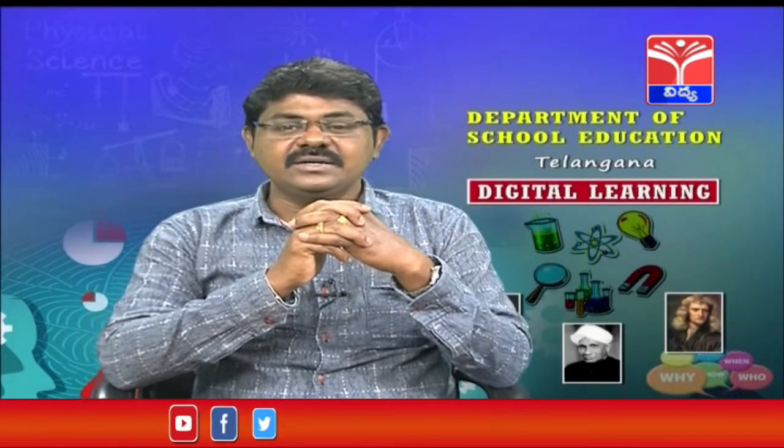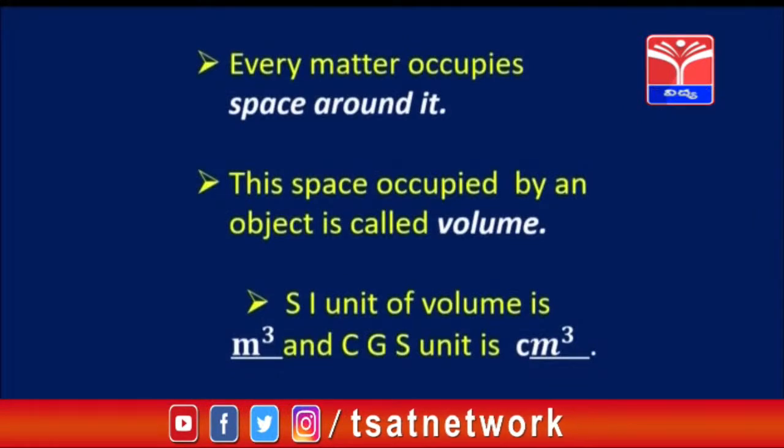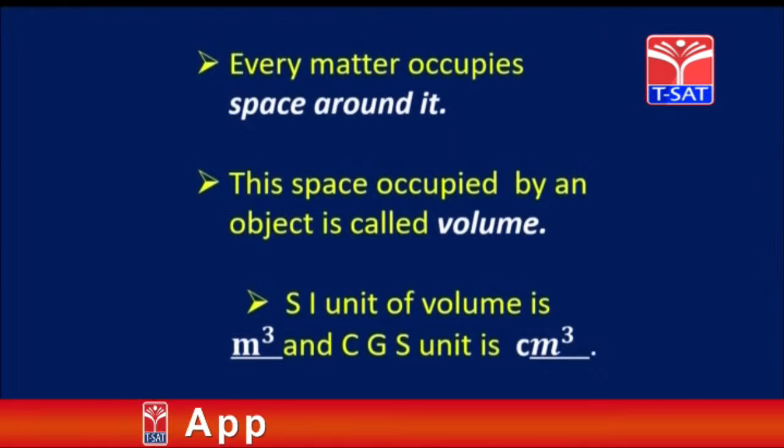Is it right? Now what is the SI unit for volume? In lower classes also we learned the unit for volume is cubic meter, or meter cube, in the SI system and centimeter cube in the CGS system.